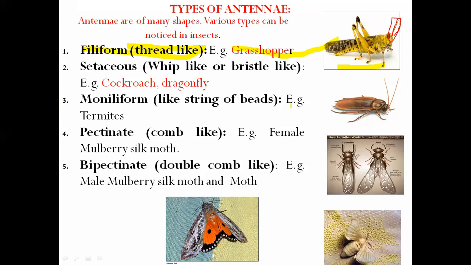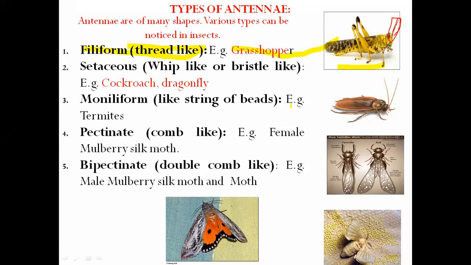Did you feel any thickness somewhere in the middle of the thread? No, sir. So all segments of the grasshopper antenna are the same size, of equal thickness, and each segment, scape, then pedicel and flagellum, is cylindrical in shape, and there is no prominent constriction in between any joint.